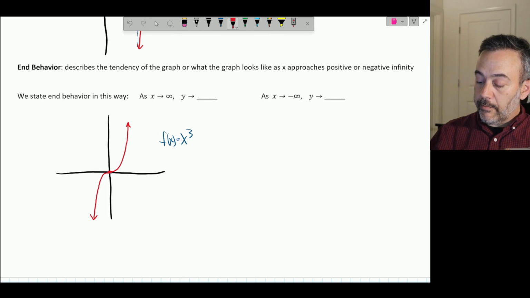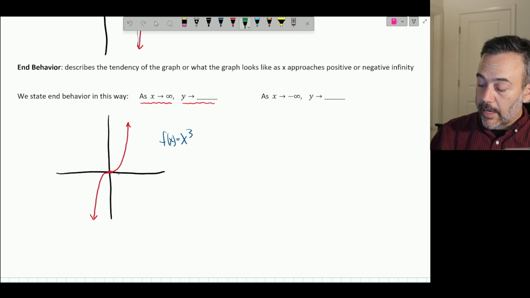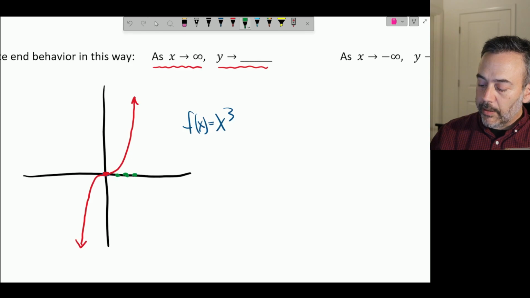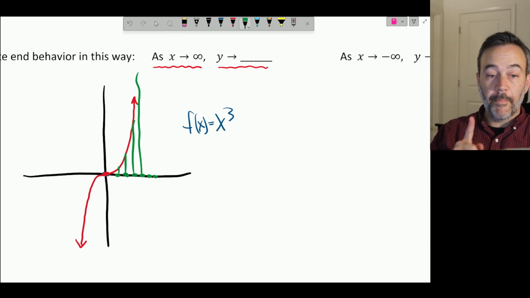The way we write this is, as x goes to infinity, we want to describe what happens to y. So let's think about that. As we plug in bigger and bigger x values to the right, what's happening to the output? The output is getting bigger and bigger.